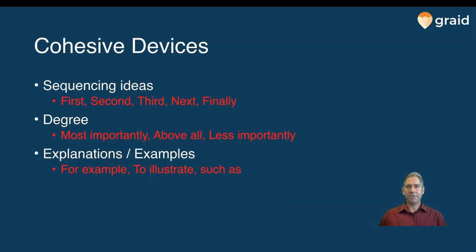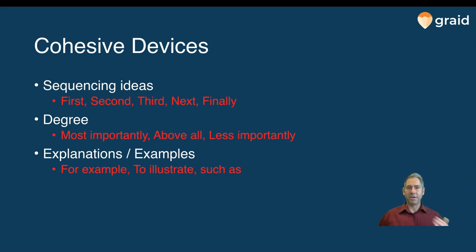So just to review some of the cohesive devices and introduce some more to you, you can think about them in terms of sequencing ideas. I use first, which is a very easy one to remember. We can also talk about degree. So instead of sequencing your ideas, what you can do is order them in terms of what's most important and indicate that with the cohesive device most importantly.